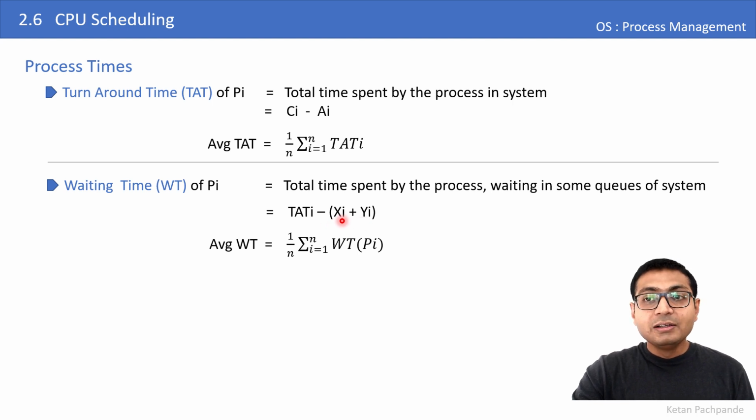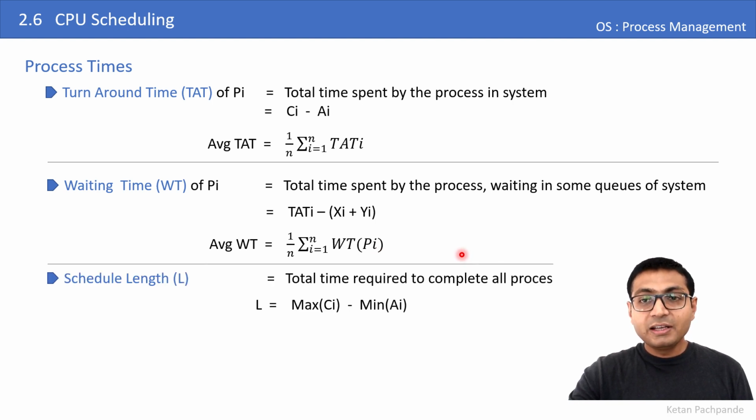Remember that burst time and IO burst time are not waiting time. They are the actual durations for which the process is doing some task, and the rest of the time it has spent in the system is nothing but the waiting time of the process. And again, the average waiting time is given by 1 by n summation of the waiting times of all processes.